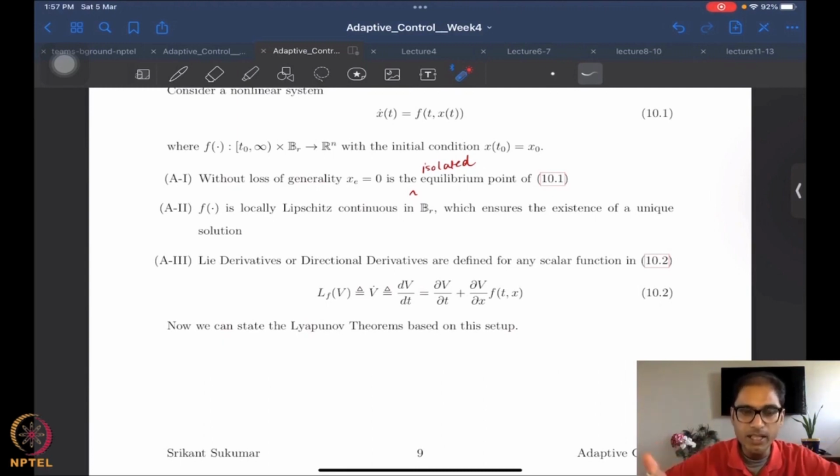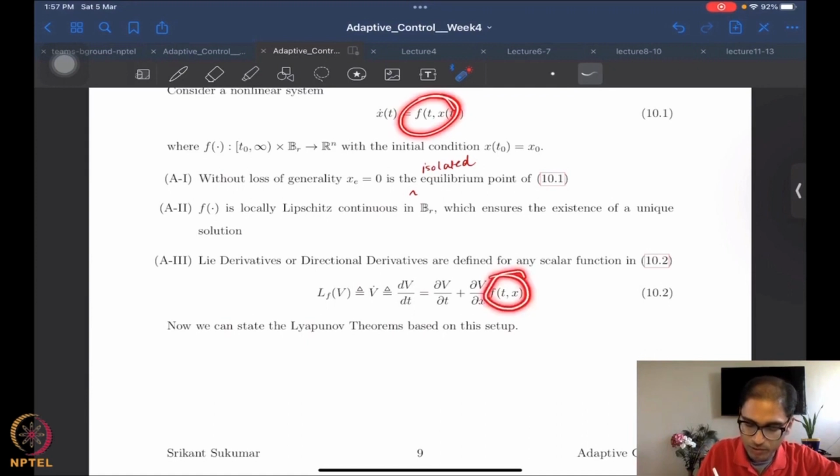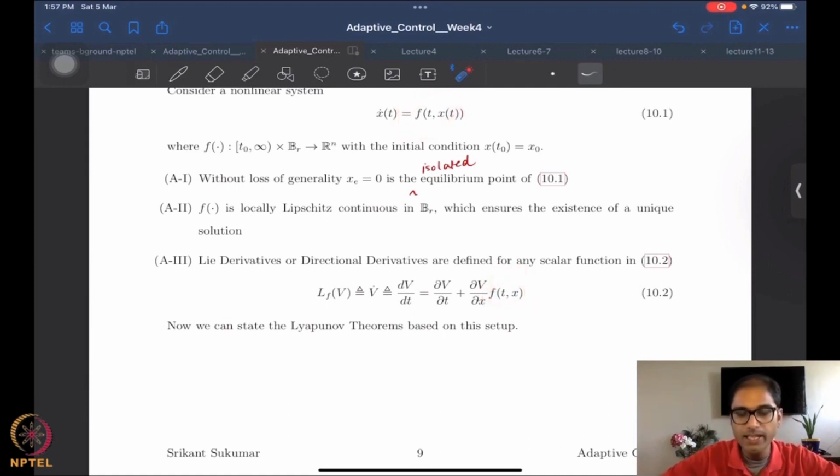It is when we take the derivative in the way we have defined here, which is also known as the directional derivative, that we introduce the dynamics in the form of the expression for x dot right here. And that is why it is called directional derivative. That is the derivative of V along 10.1, which is also how we sometimes say it.